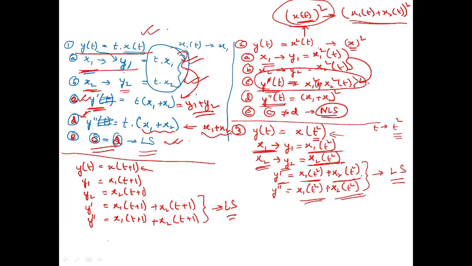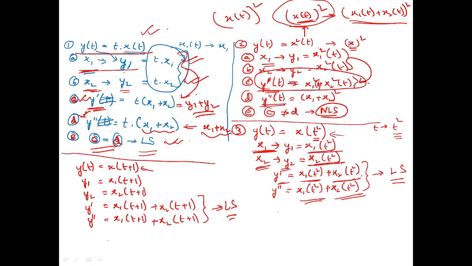Okay, why? Because x is a function of t square, you cannot change that. In the previous case, x is a function of t, and this is basically x, it was the square. Here the square is within the t, so x is basically a function of the t square, so you cannot change that.